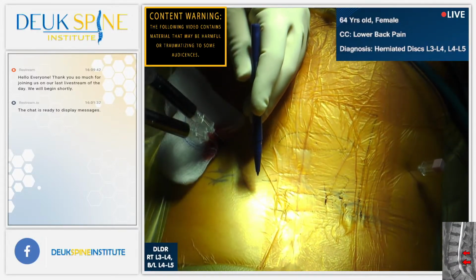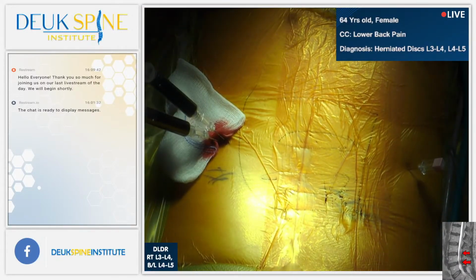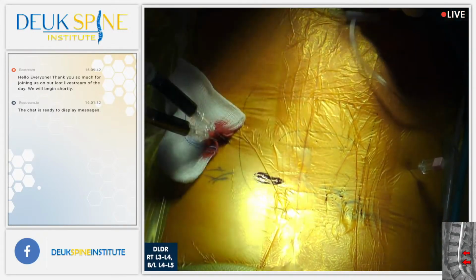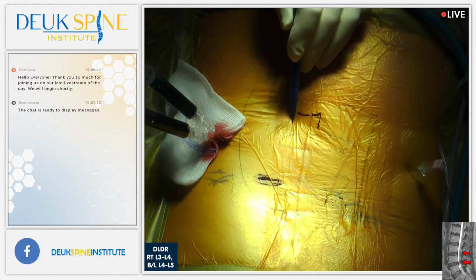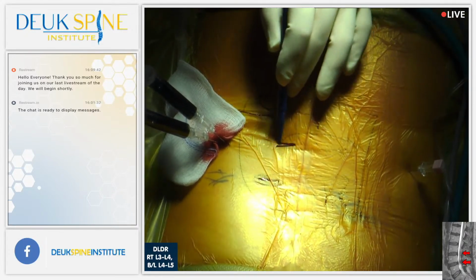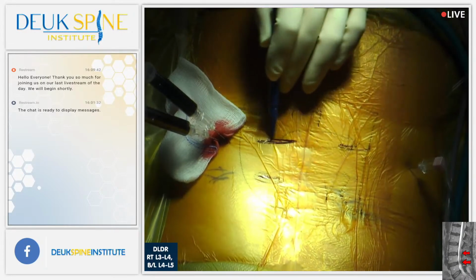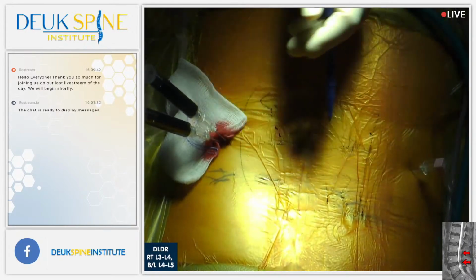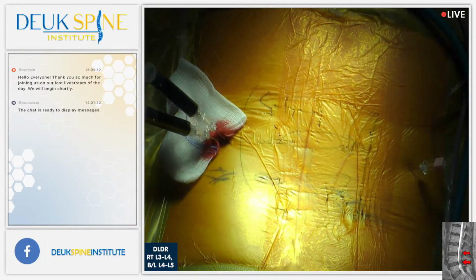And she had a tear. We can get rid of that, on the right side with a herniation sticking out. Then at L4-5, that's the next disc down, she had a tear on both sides with herniations on both sides, pinching her nerves going down her leg. So I said, we need to fix both sides at L4-5 and the right side at L3-4.